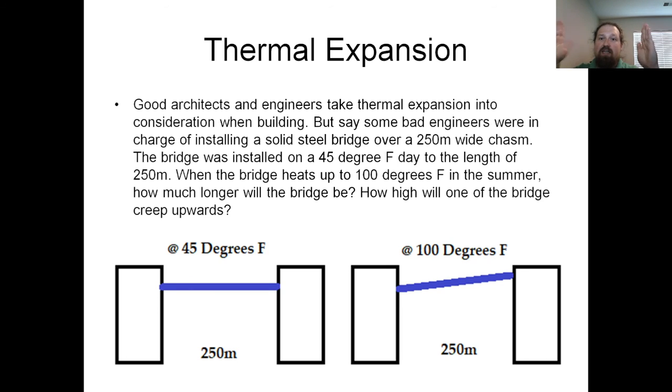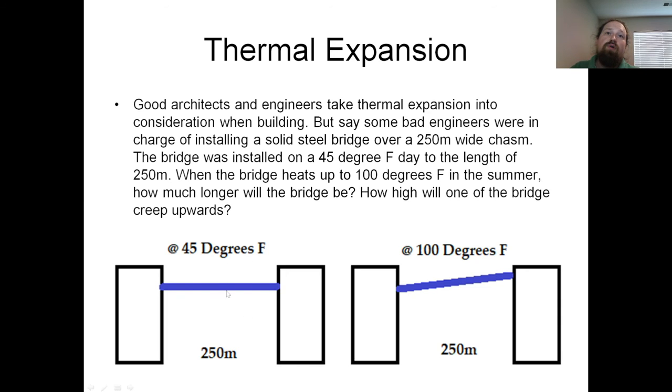It's just steel buried between two fixed points. It's going to grow because the temperature is going to rise. Say it was built on a 45 degree Fahrenheit day, and over the summer, that will increase to 100 degrees Fahrenheit. So the bridge is going to get warmer. That means it's going to expand.